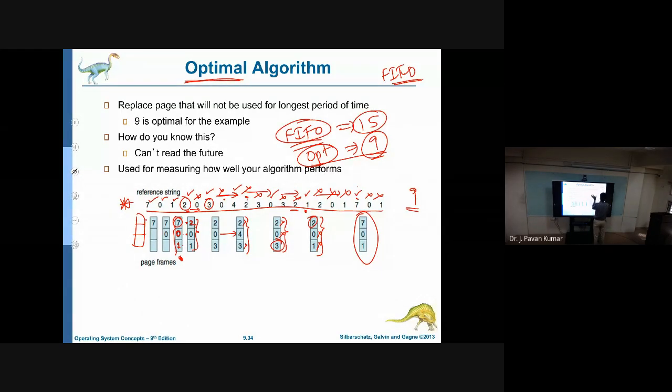By analyzing the same page reference string using the optimal page replacement algorithm, we see how many page faults there will be. If you know, then we can judge how efficient this FIFO page replacement algorithm is. That's why we use optimal. Theoretically we use it, but practically it is not applicable, because we don't know what kind of pages we may require in the future. That's why it is not practical in general.